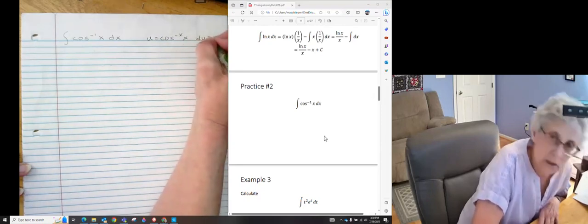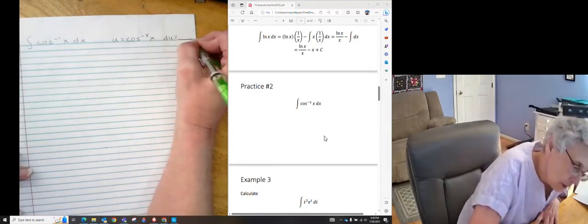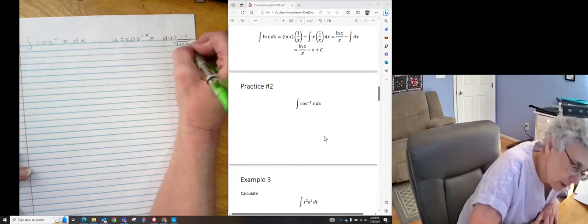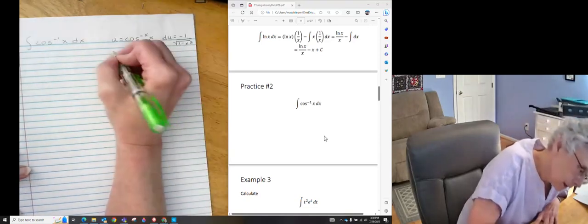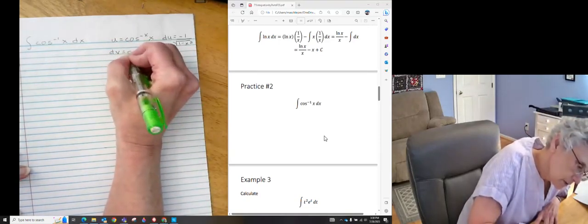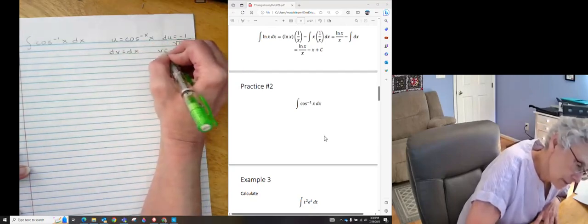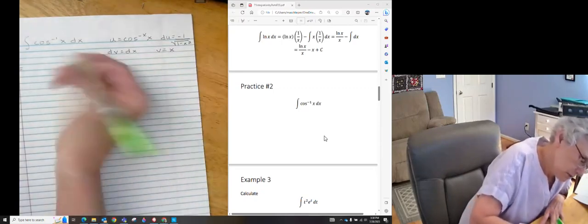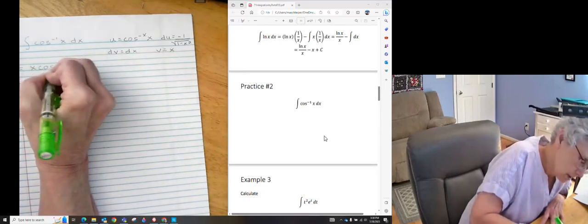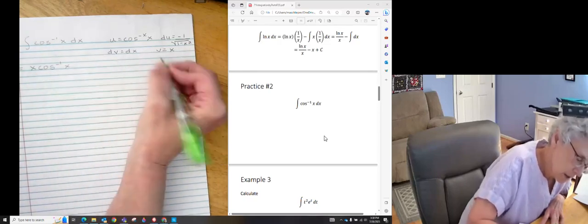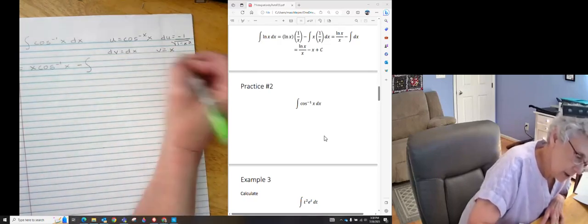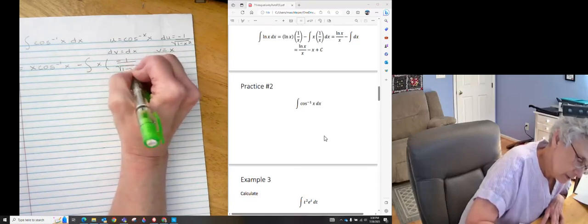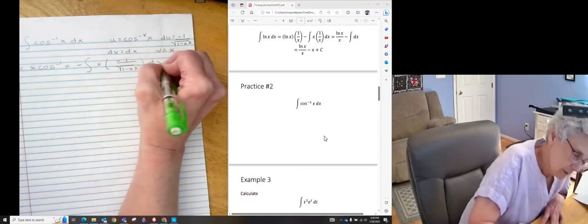Then du, should have given myself more room, would be the negative 1 over the square root of 1 minus x squared. dv is equal to dx, so v is x. So this is equal to u times v, x arc cosine of x, minus the integral of v du.